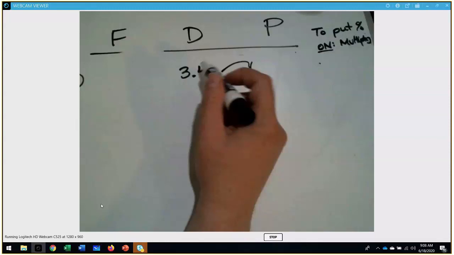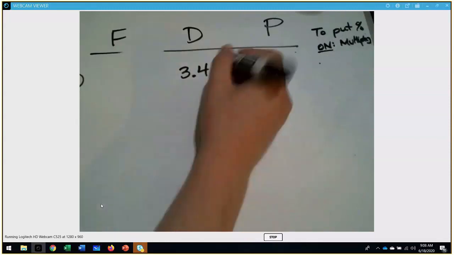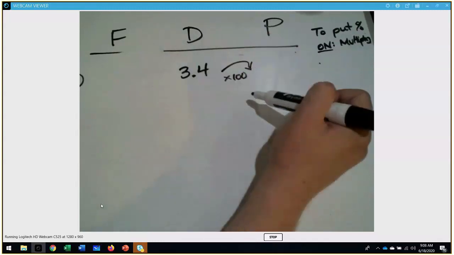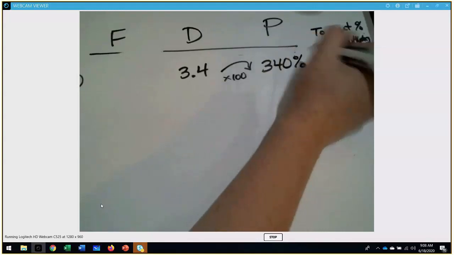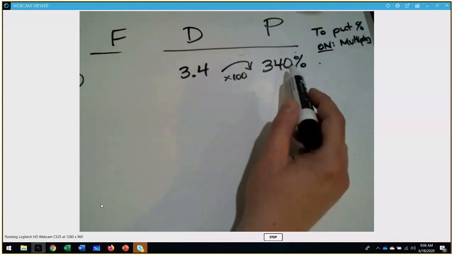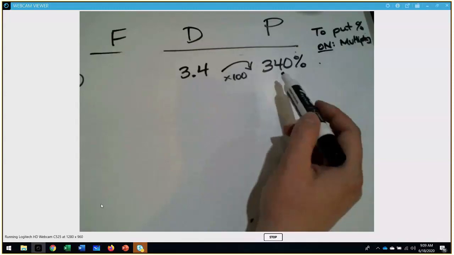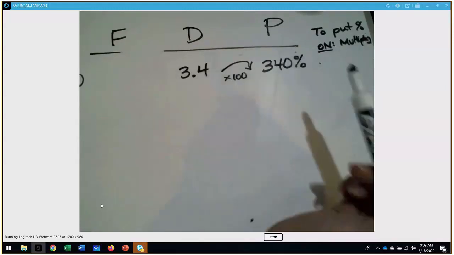We're going to put the percent sign on again, so we're multiplying. 3.4 times 100 comes out to be 340%, which some people think that that's weird. Why would that be so high? It's just because you have more than one, which you started with 3, so that's definitely more than 1. It just means you have more than 100%.